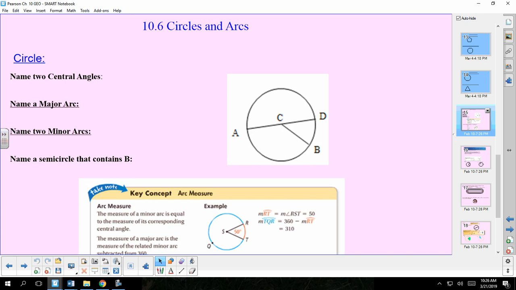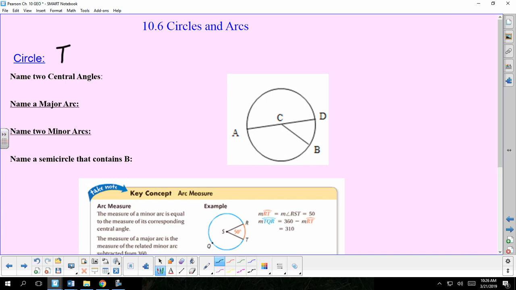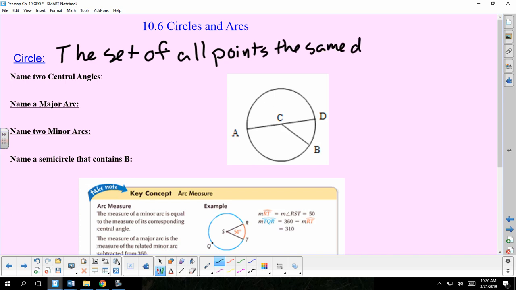So we need to define what a circle is, since we haven't defined a circle yet in the context of this class. A circle is the set of all points the same distance from a single point.